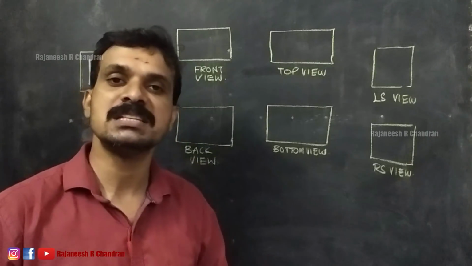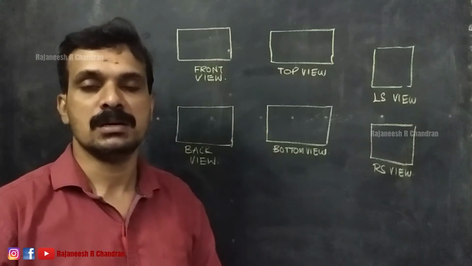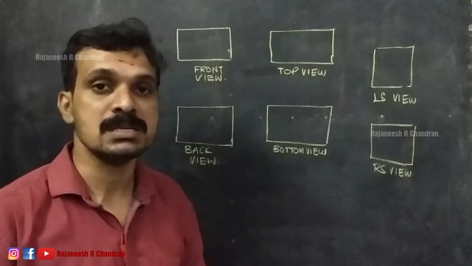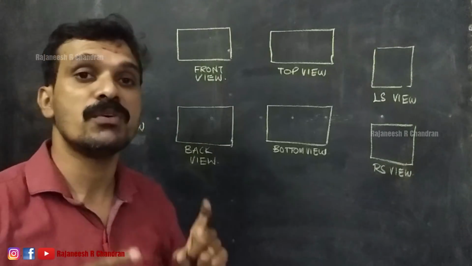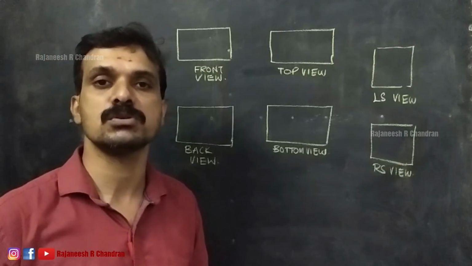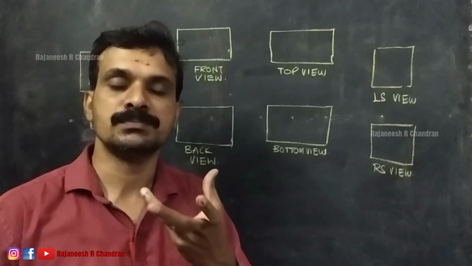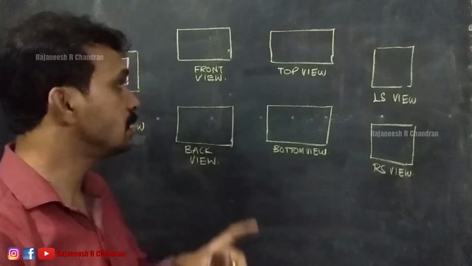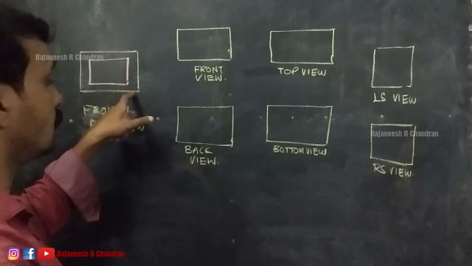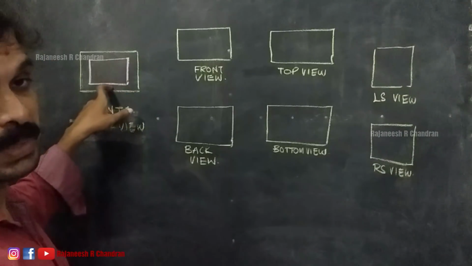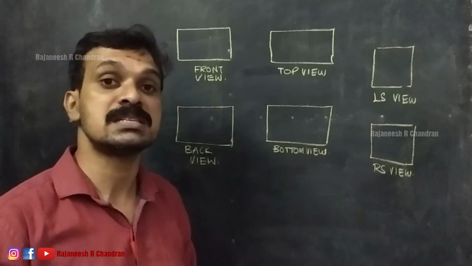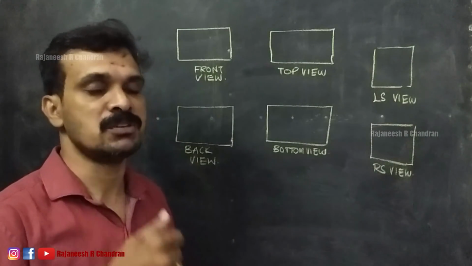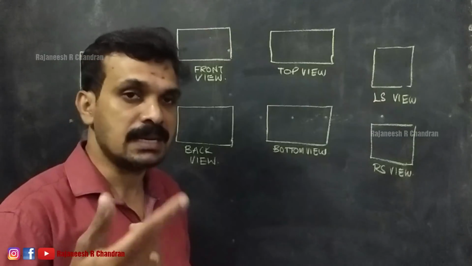But actually in engineering graphics, what we do is, we can use different types of lines for different types of views. See, here the front view is drawn with yellow, and here it is pink. But in actual practice in engineering graphics, we can utilize different types of lines that we will learn later.